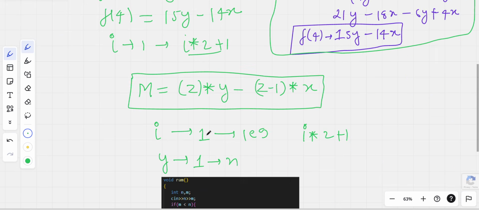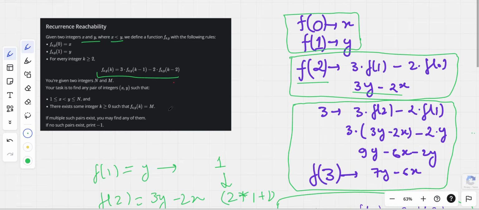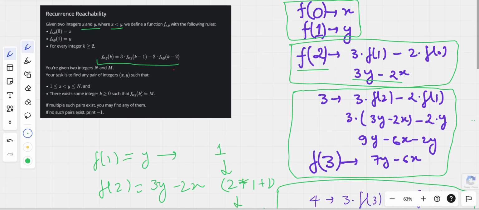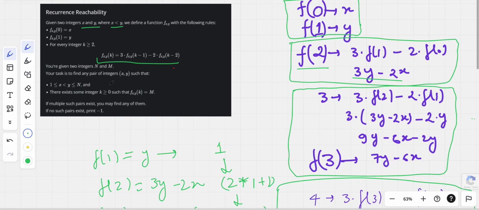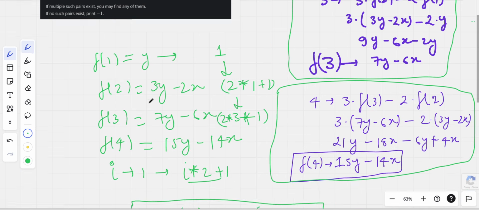Also, the other relation is that f of k is equal to m, and we have to return any pair of x comma y such that f of k is equal to m.